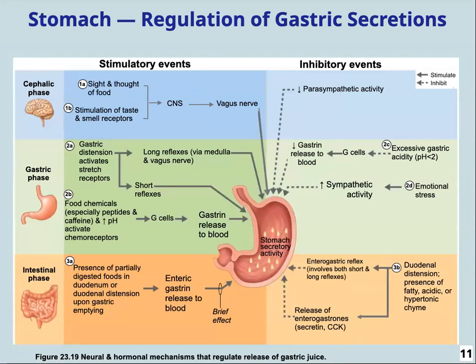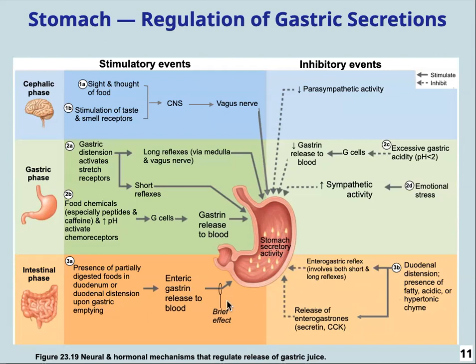Whereas most stimuli that act on the small intestine will trigger the enterogastric reflex and the release of secretin and CCK, both of which will then act to inhibit further gastric secretory activity.